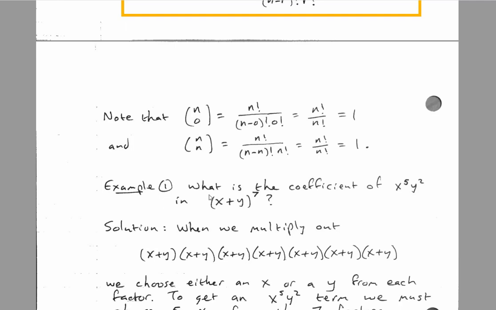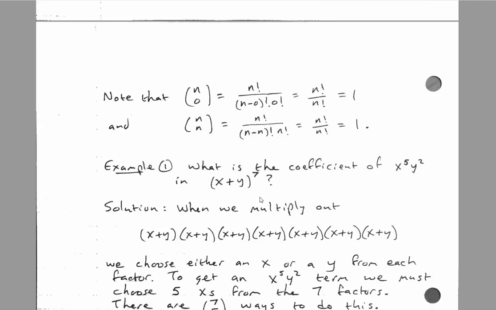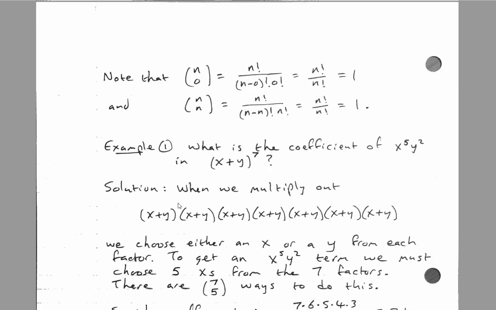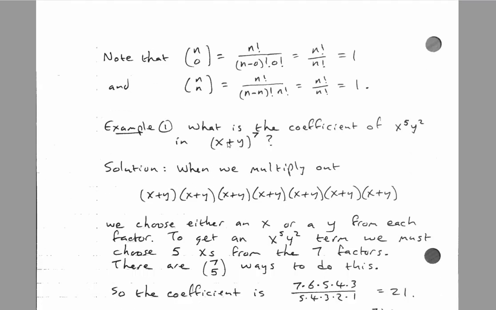Okay, so example 1 here, what is the coefficient of x to the power of 5, y to the power of 2 in the expansion of x plus y to the power of 7? Alright, so this example kind of explains where the formula comes from.